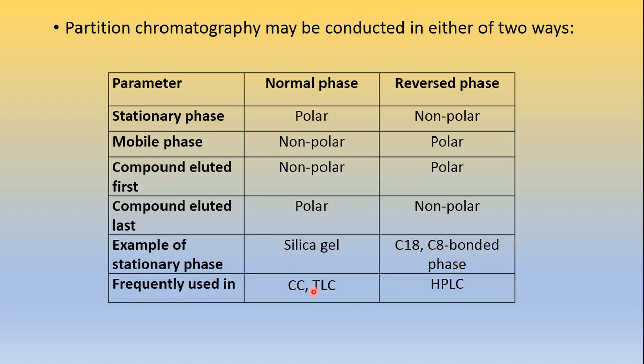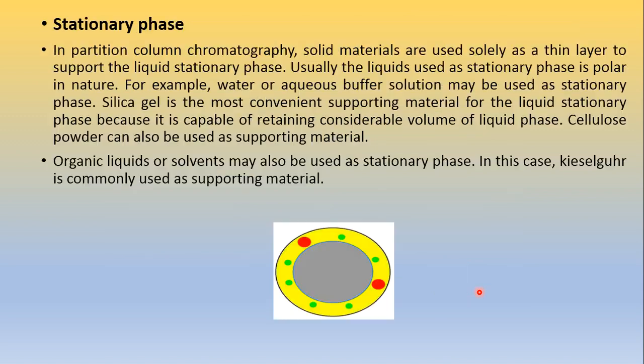Now, frequently used in CC and TLC: in preparative chromatography, or preparative column chromatography and TLC, this type of normal phase chromatography is used, and in HPLC specifically these reversed phase systems are used.